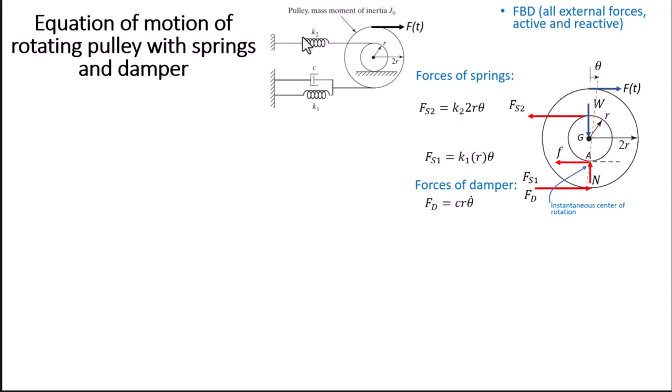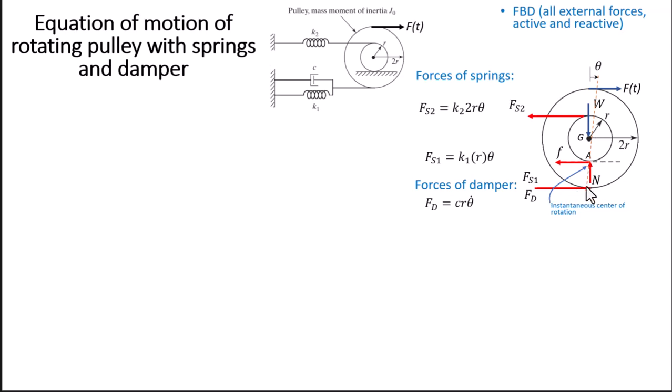The spring for k2 will have this extension from A. We can calculate that this is 2r theta. And for spring 1, if we are rotating with respect to this point, this spring will be compressed r theta.